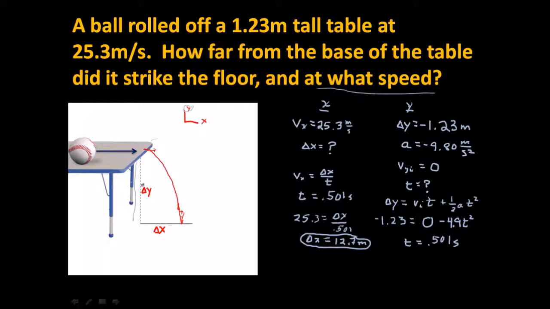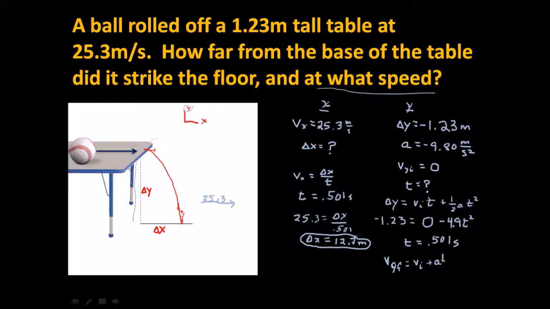We already know that it's moving in the horizontal direction. How fast? Well, it's moving in the horizontal direction at 25.3 meters per second. How fast is it moving in the vertical direction? We can do that over here too, because you see final velocity in the y direction, so we'll have that Vy final is equal to the initial velocity plus acceleration times time.